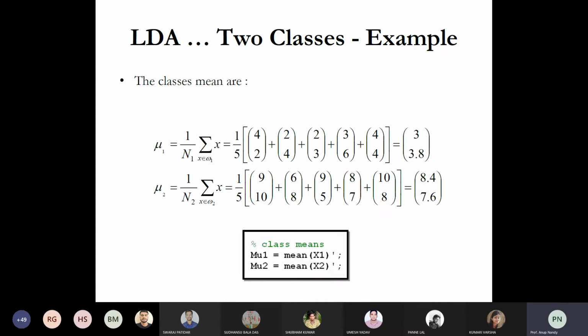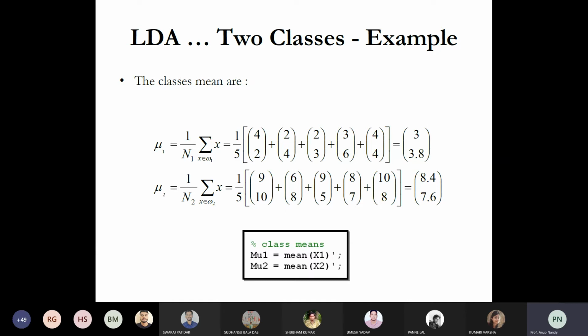Now your first job is to find the class means. So how do you find it? If you simply use the mean of x1 and the mean of x2, you have the class means. Okay, so mu1 is equal to 1 by n1 times the summation of x for x belonging to W1, because these samples are coming from class 1 and the other samples are coming from class 2.